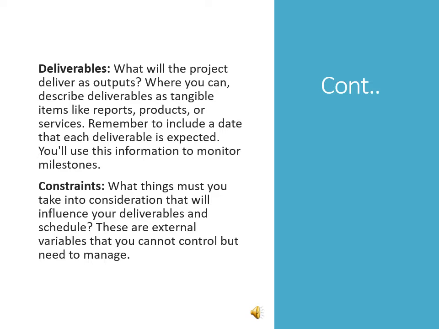You'll use this information to monitor milestones. What are the constraints? That is, what things must you take into consideration that will influence your deliverables and schedule. There are normally external variables that you cannot control but you need to manage.